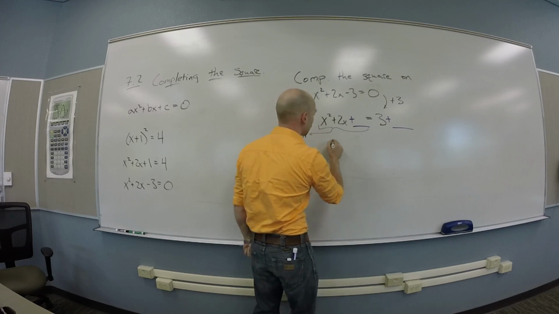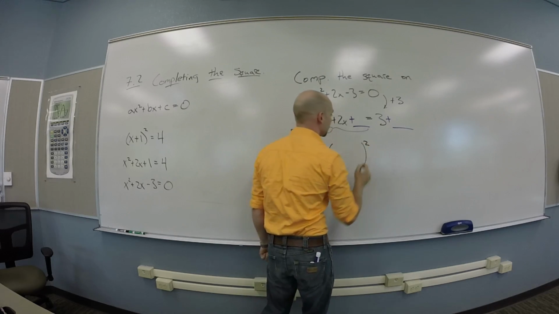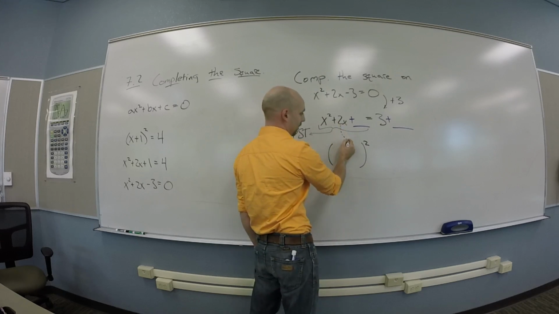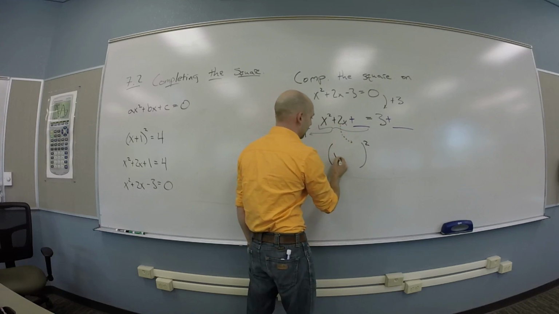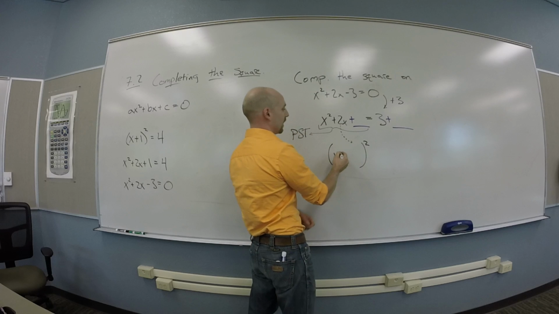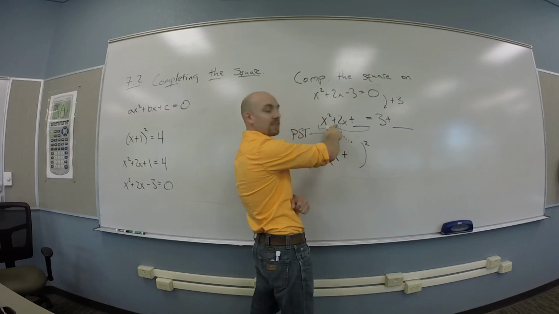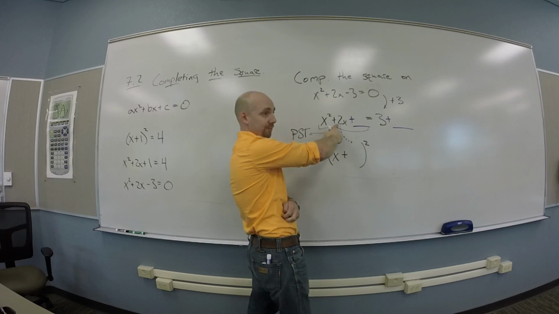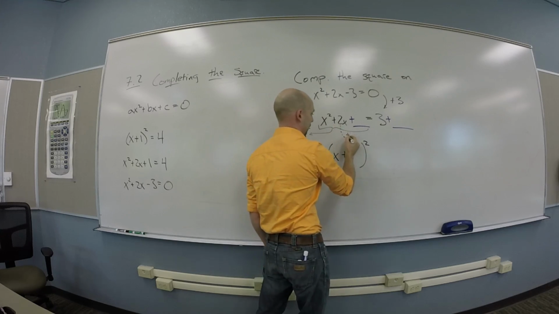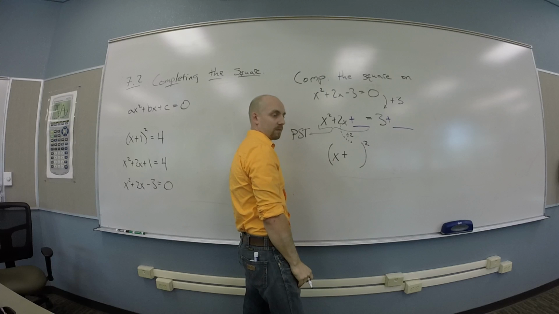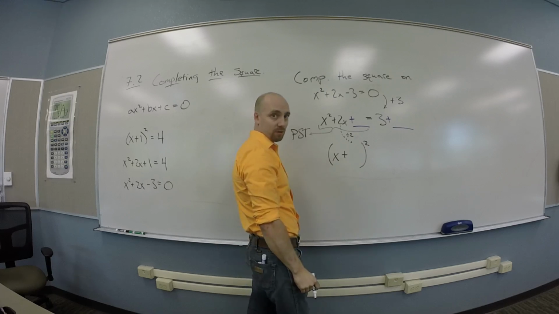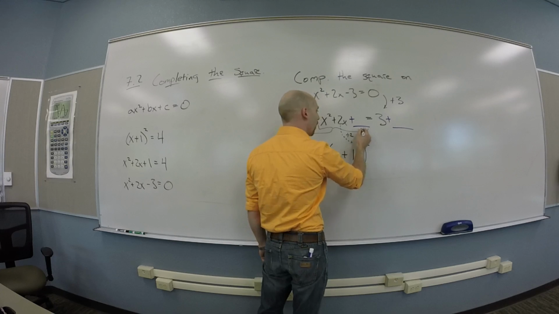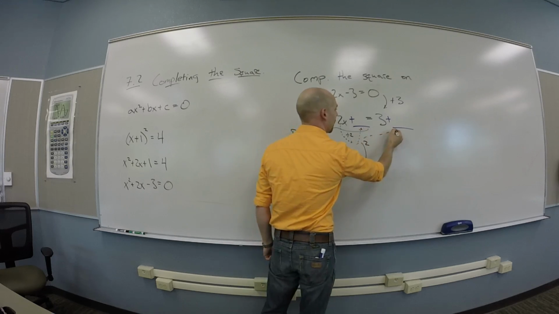So I got to think to myself, if this is going to be something squared, I should take this middle number. So I've got x, and then I'm going to add whatever this number is divided by 2. So what's 2 over 2? 1. And then I'm going to take that number and square it to get it here and here.